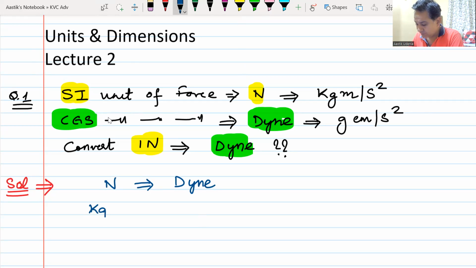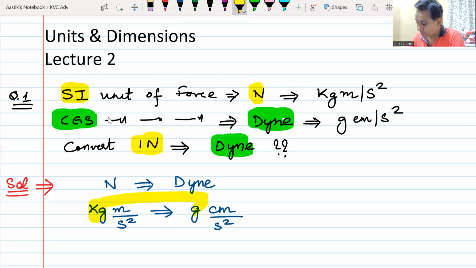1 Newton is kg meter per second square. That has to be converted into gram centimeter per second square. So what you have to do is convert kg into grams, meters into centimeters. How do you convert kg into grams?